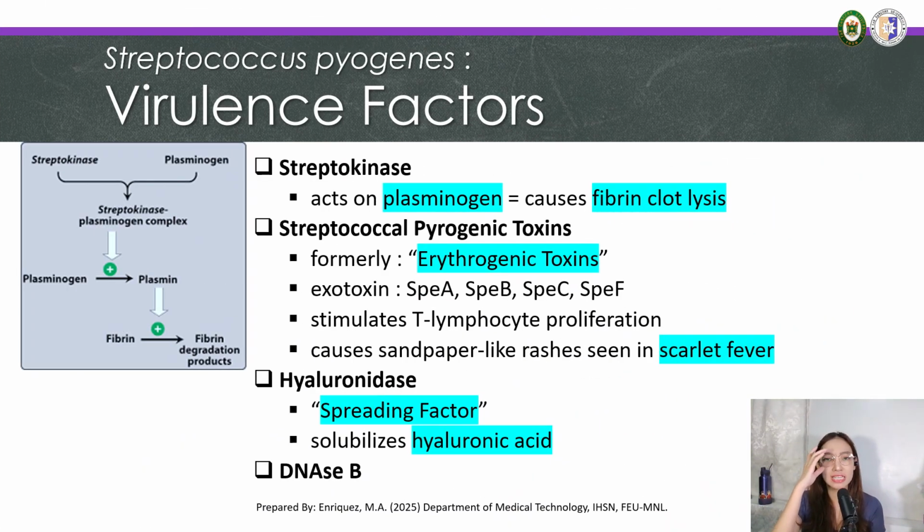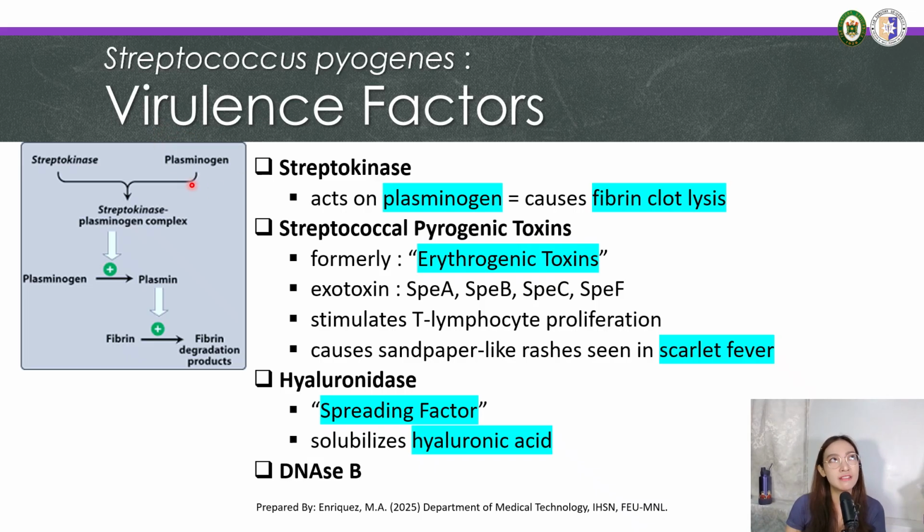Streptokinase causes the lysis of fibrin clots by acting on plasminogen. So plasminogen together with streptokinase is converted to plasmin, which can cause lysis or destroy of fibrin clots. All right, so let's look at this diagram right here. So in our blood, sa ating plasma, mayroong plasminogen.